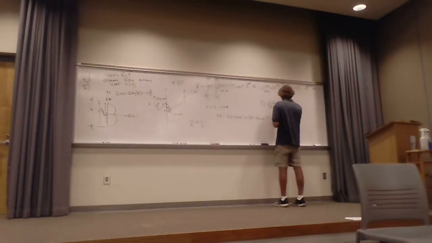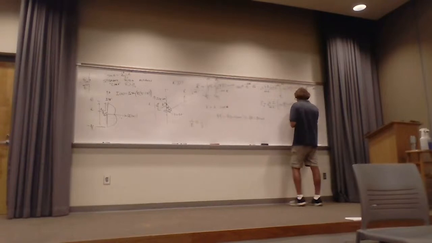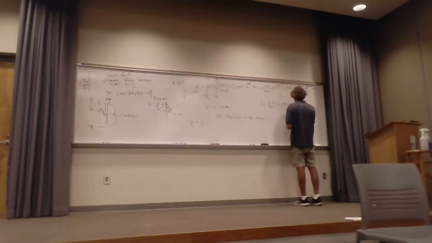And then you're going to see this angular function: cosine of beta L over 2 cosine of theta, minus the cosine of beta L over 2, divided by the sine of theta.